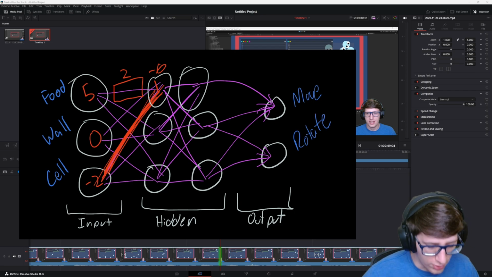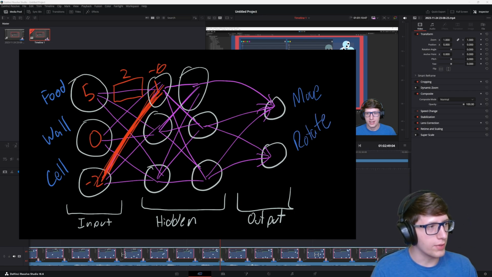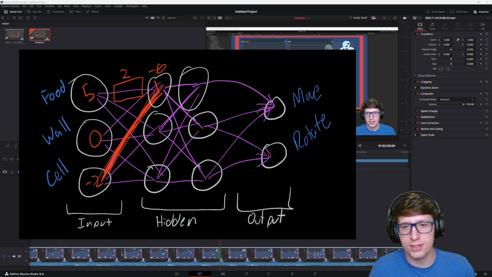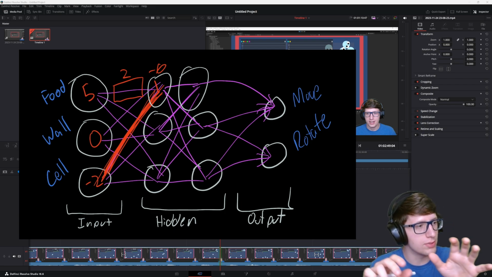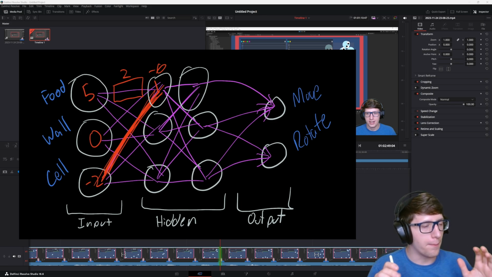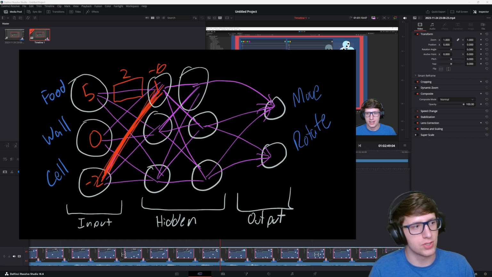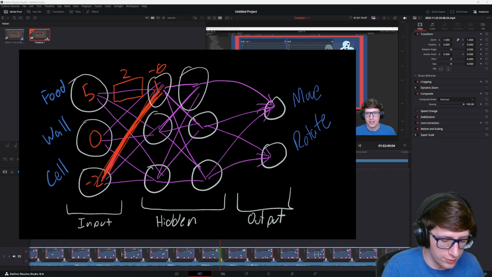When you start these weights all randomly, it means that the inputs will randomly affect the outputs. But what we're doing in this code is we're mutating it whenever a new cell is born. It passes down the weights to the new cell and it changes it a tiny bit. So it'll get better because the ones that suck will die and the weights, which is really genetics of the cell, will be gone forever.